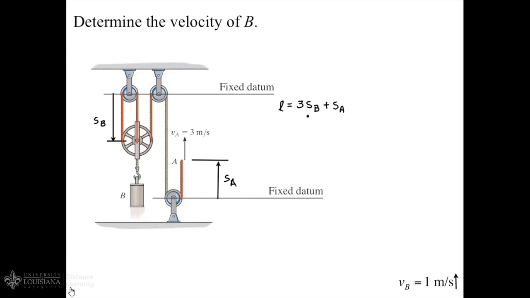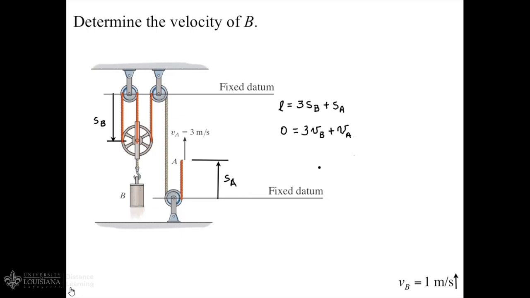Anyway, taking the time derivative of this, we'll get our velocity relationship. We have 0, and that's equal to 3 times V of B, and of course plus V of A.